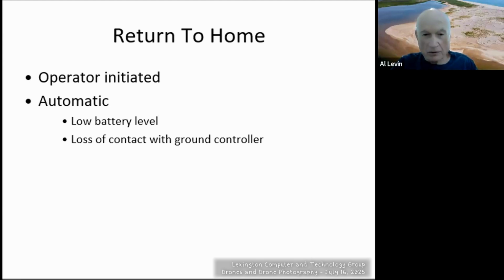Now, how does it know where the launch site was? Where is home? When you launch the drone, the coordinates are identified by the GPS and are stored in the drone. So the drone knows exactly where it started.